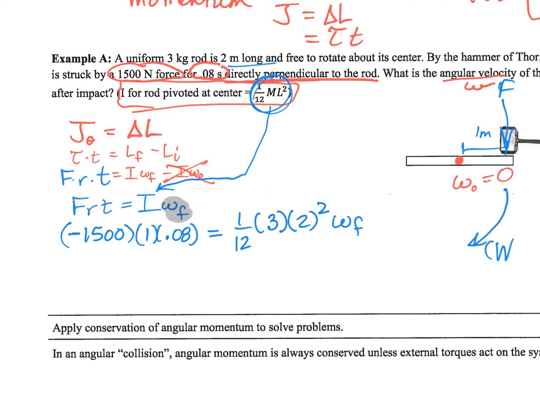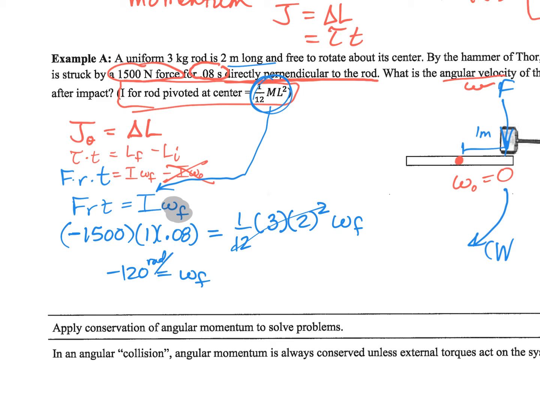So let's start doing some calculations. So I got negative 120 on this side. And I got 4 times 3 is 12, divided by 12. Ooh, that goes away. Look at that. Boom. And what are the units going to be for this?